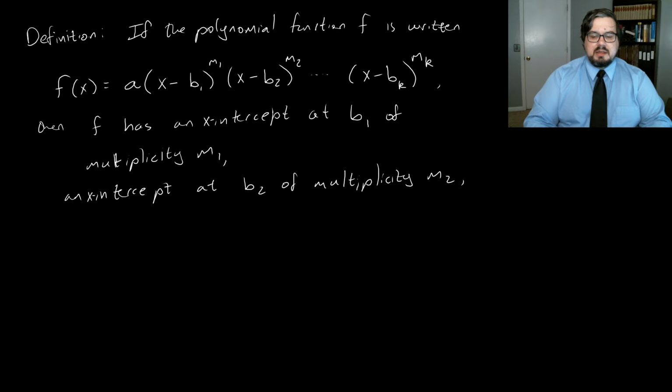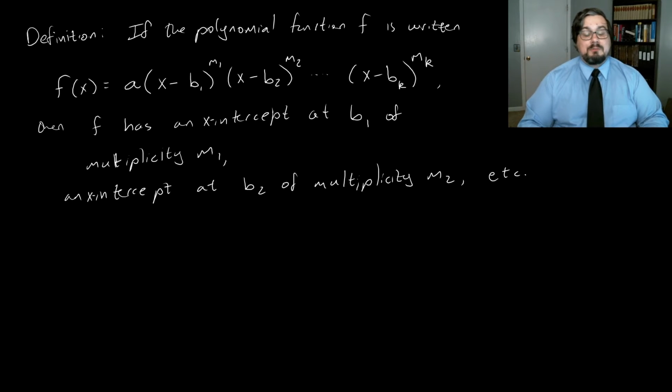m2, and so forth. So if we can write down our function this way, if we can factor it completely as some number times x minus something to a power times x minus something else to a power times etc., then we can immediately read off all of the x-intercepts of the function f and their multiplicities.